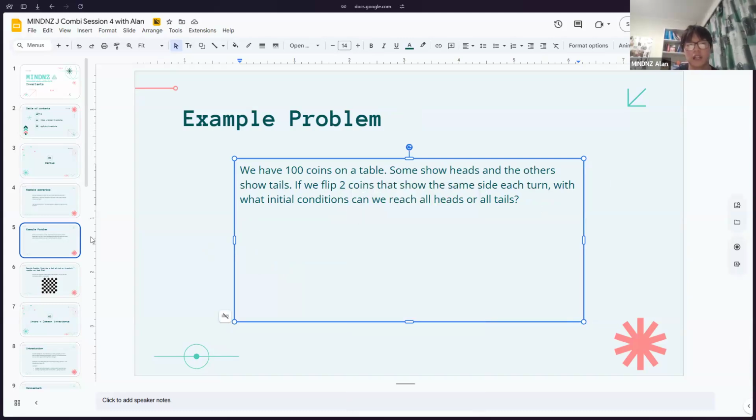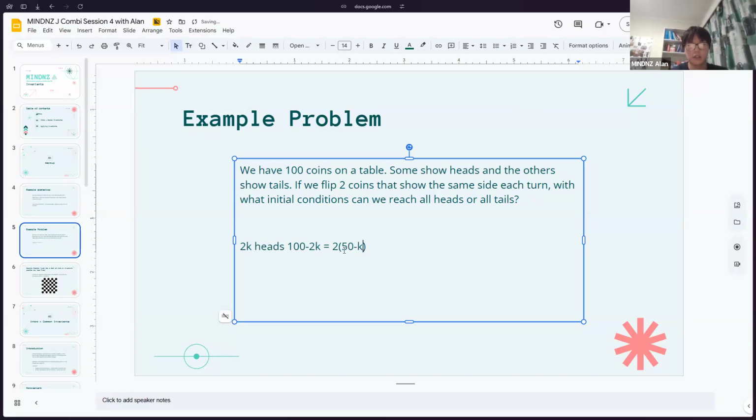And if we start off with, say, an even number of coins showing heads, then we have an even number of coins showing tails, as the number 100 is even, right? We can write that as 2k heads and 100 minus 2k equals 2 times 50 minus k tails.